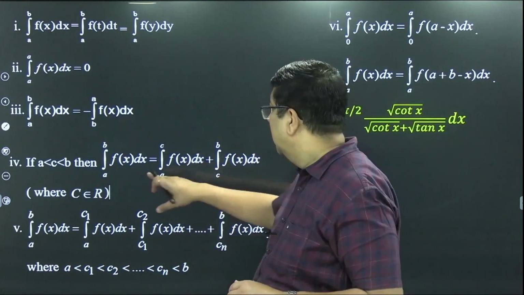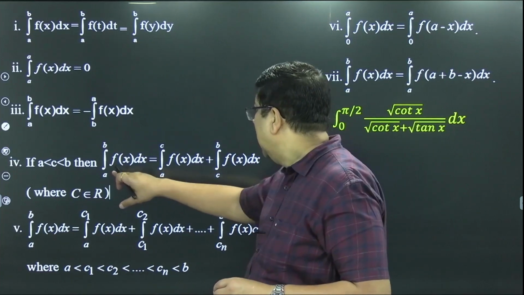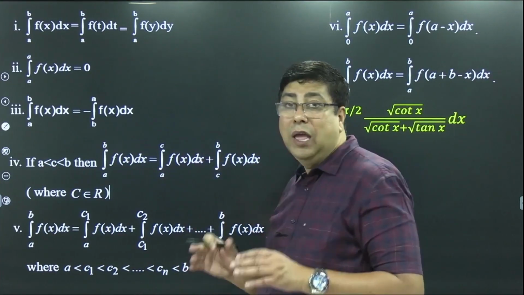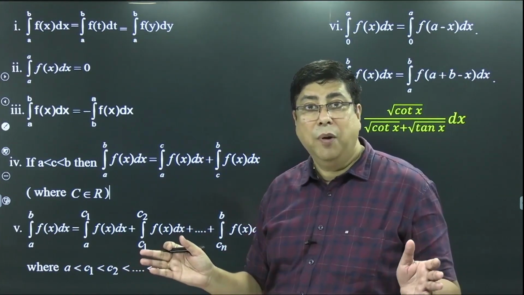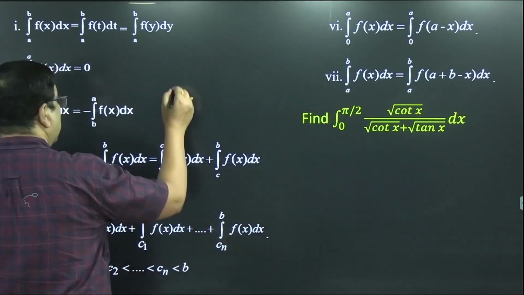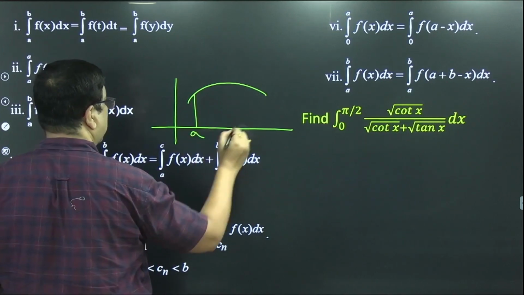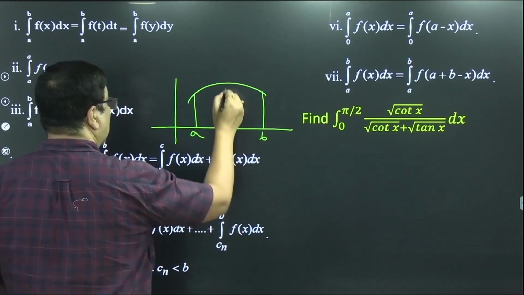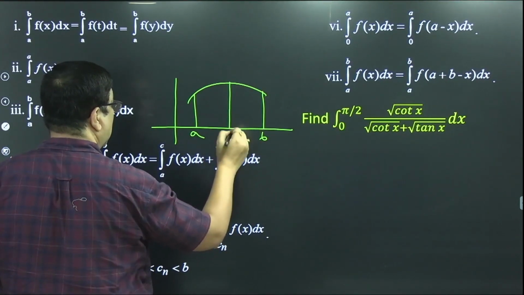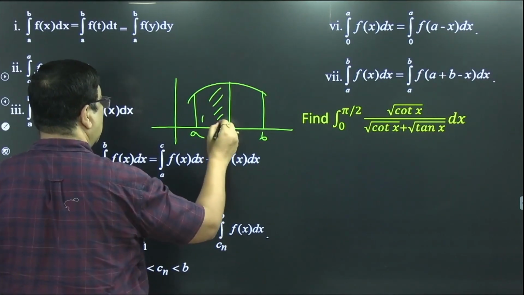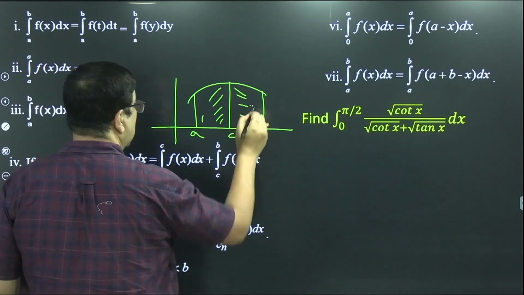And number 4, a to b equals a to c plus c to b. Actually this is called the partition property. We can partition the area. Suppose a to b is there, we can keep one partition so that the integral a to b f(x) dx can be split at c.